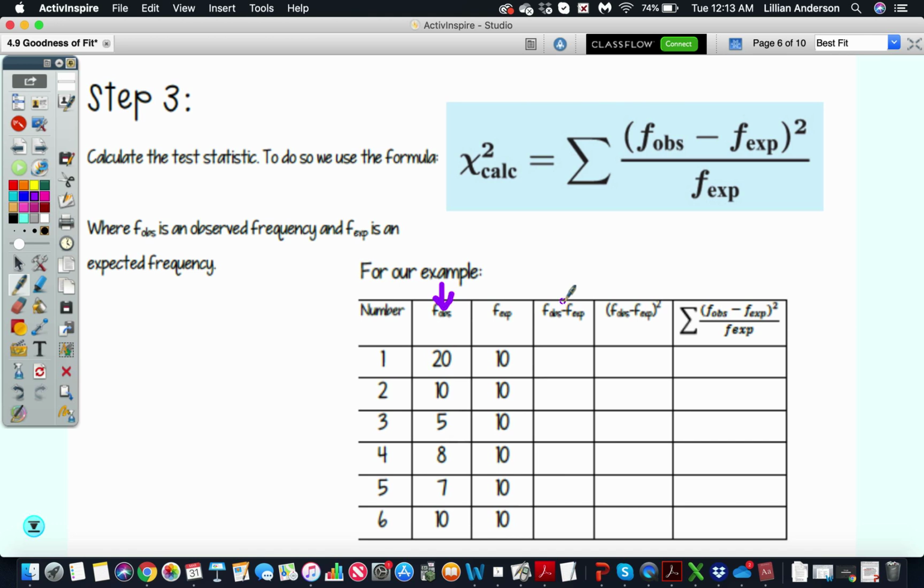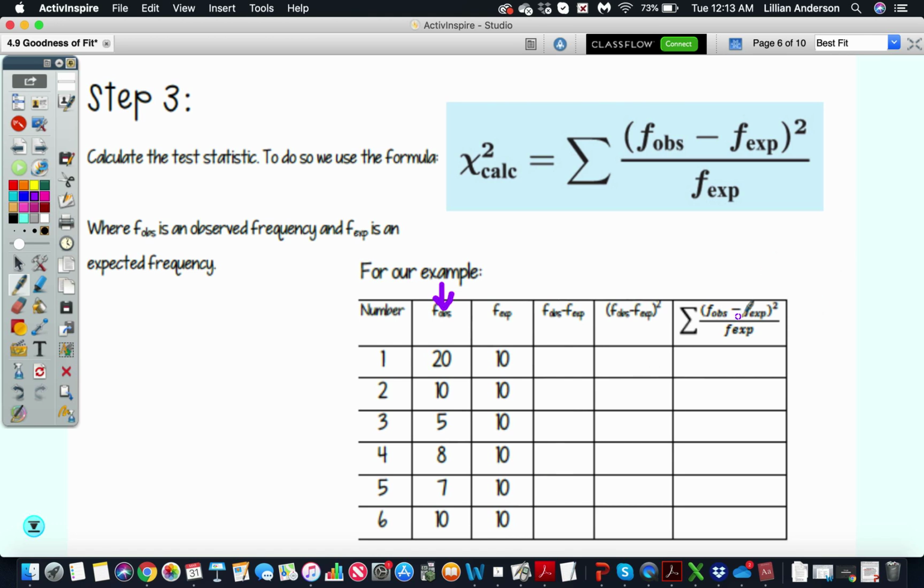So what I want you guys to do for a second is pause the video and actually fill out this table. It's very simple. In the first column, you're just subtracting your observed value from your expected. So you're subtracting this column from this column. Then you're going to square all the values that are in your fourth column.